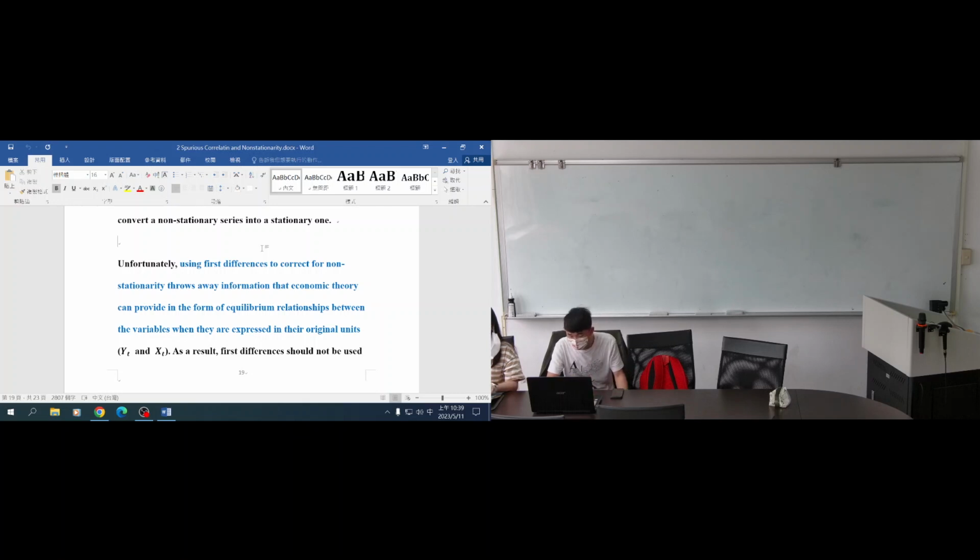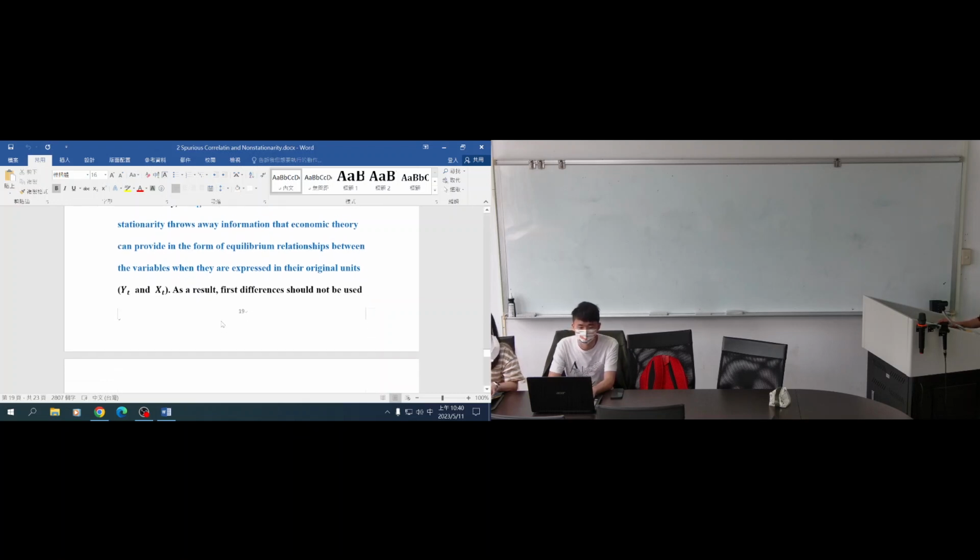So in order to meet the requirements of stationarity, if you replace y with delta y, or replace x with delta x, then all this theory is really not what we wanted.